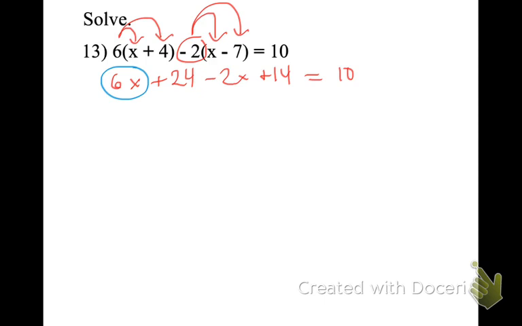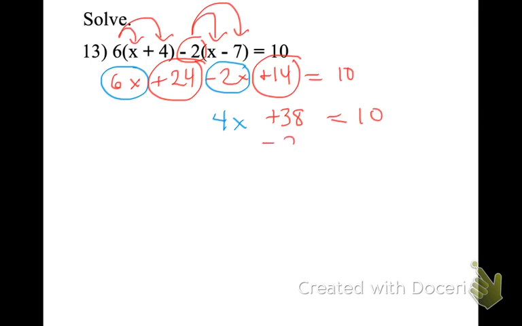So I have 6x here minus 2x makes positive 4x. And then I'm going to put the numbers that are all alone, they're called constant terms, the quantities without variables. That's 24 and 14, that's plus 38 equals 10.